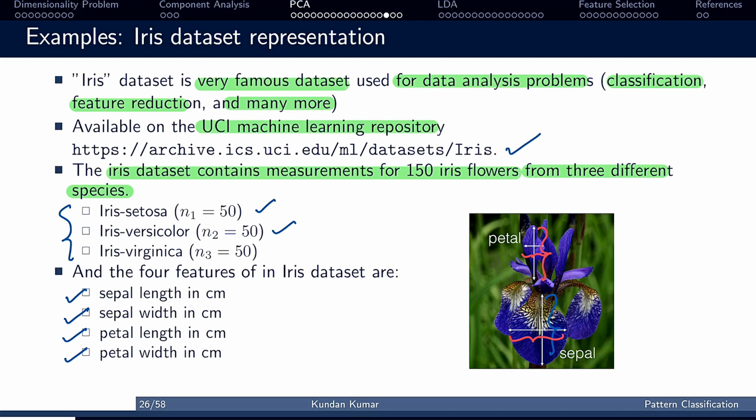So, in this way we have the iris data set of dimension 150 cross 4, each sample having a 4-dimensional feature vector, and also one dimension is given for the class label. So, we have the class labels as well. Okay.